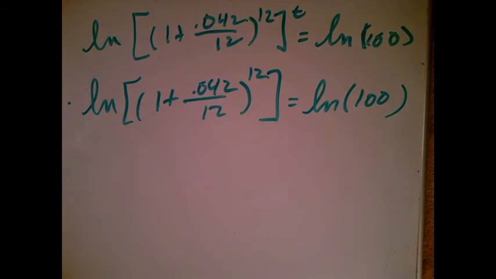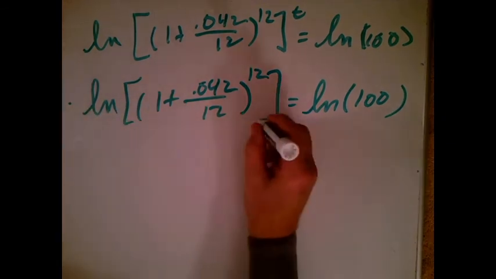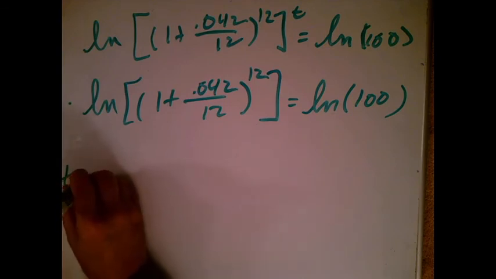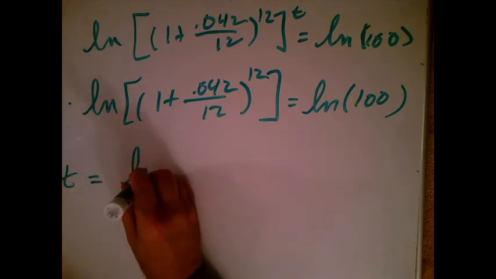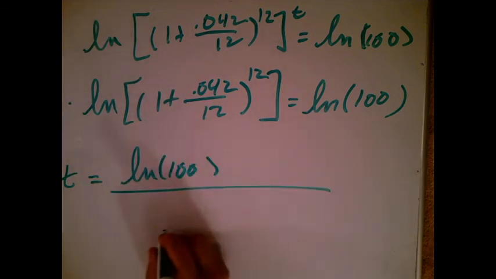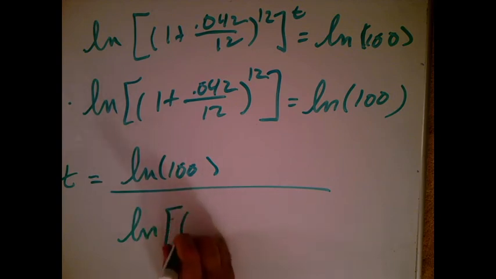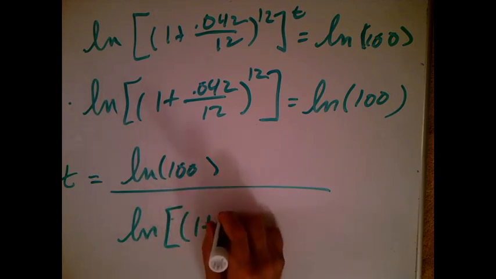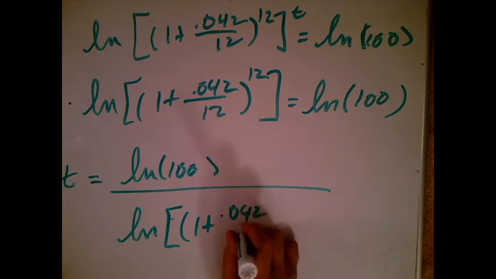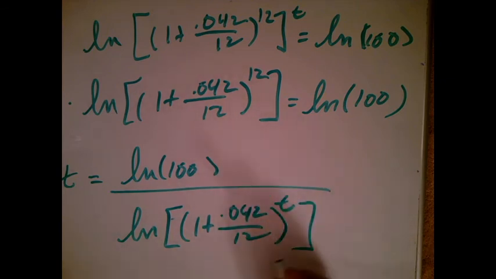And what we want to do is just divide by this horrible constant. So I'm going to get t equals the ln of 100 divided by the ln of the icky constant. Ta-da! That's the exact answer.